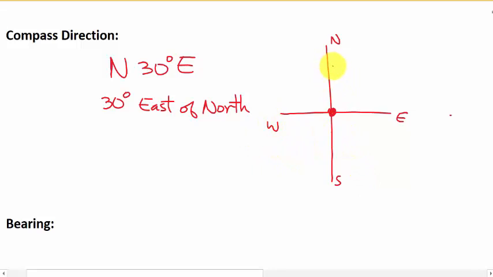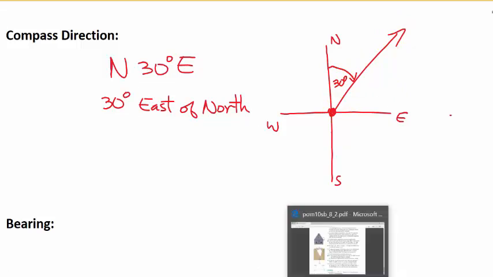So 30 degrees of the north line. So you're going to look at the north line, and you're going to go 30 degrees towards the east. So there's your 30 degrees, and this is the direction you're going to walk. Is that okay?